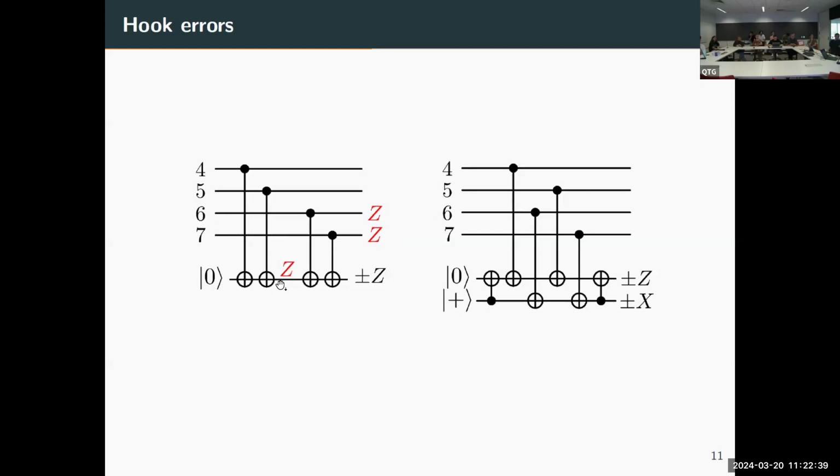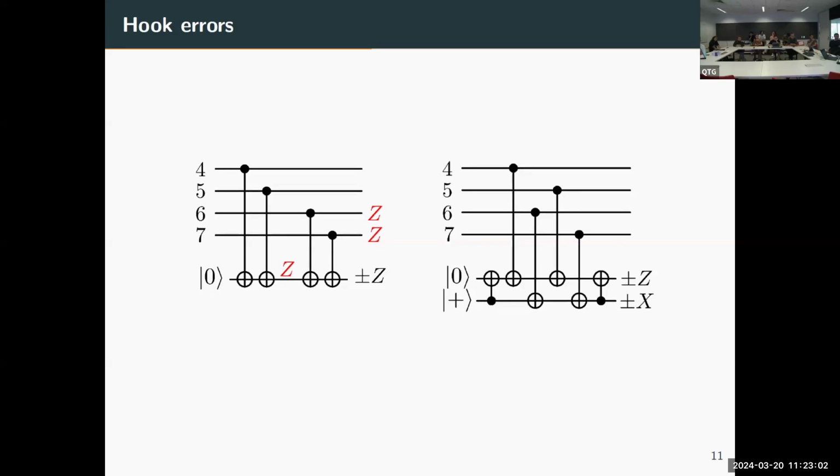So in this case, we have a single Z error in the middle, occurring on this ancilla qubit, and it has no impact on the ancilla syndrome, so you don't even detect this error, but it spreads to a weight 2 error on the register, and will be corrected into a logical error later on.